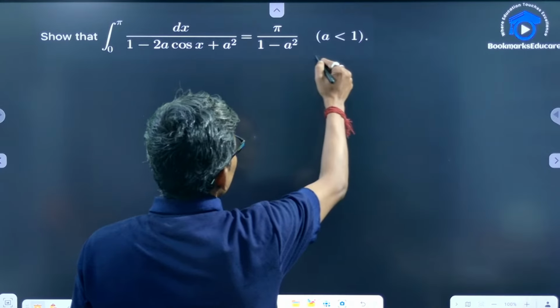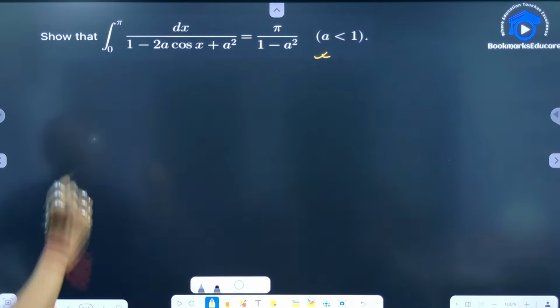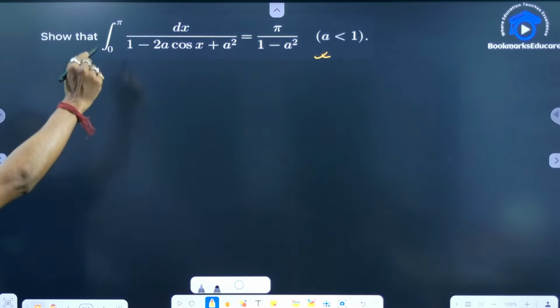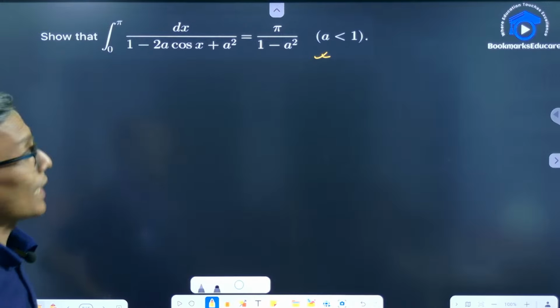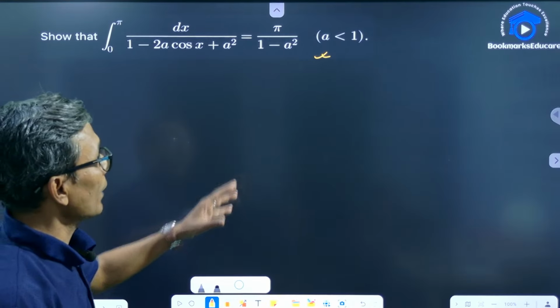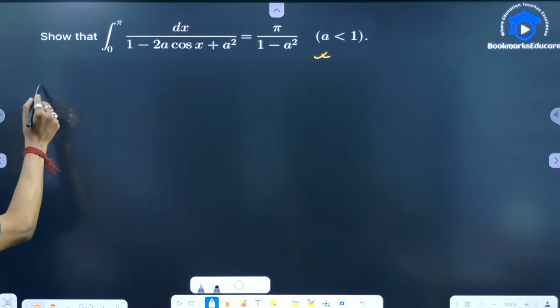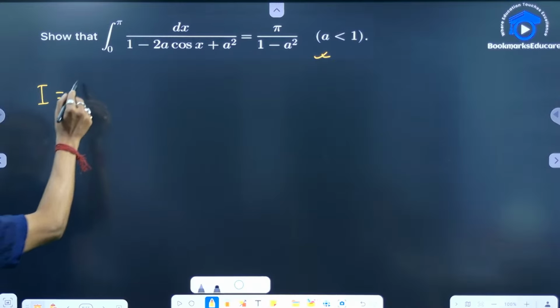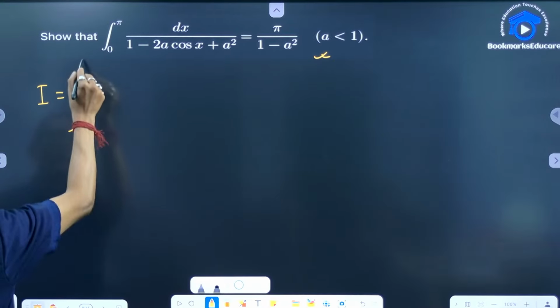So we have to show that integral 0 to pi dx by 1 minus 2a cos x plus a square is equal to pi by 1 minus a square, where a is less than 1. So let I is equal to integral 0 to pi.